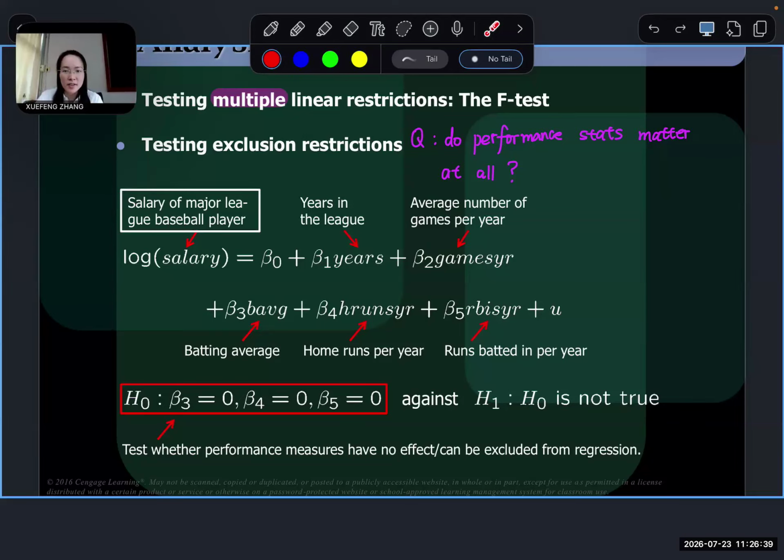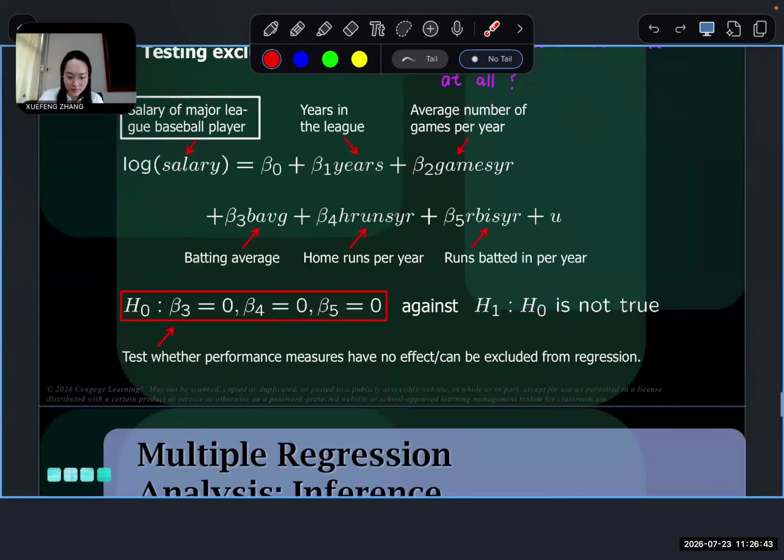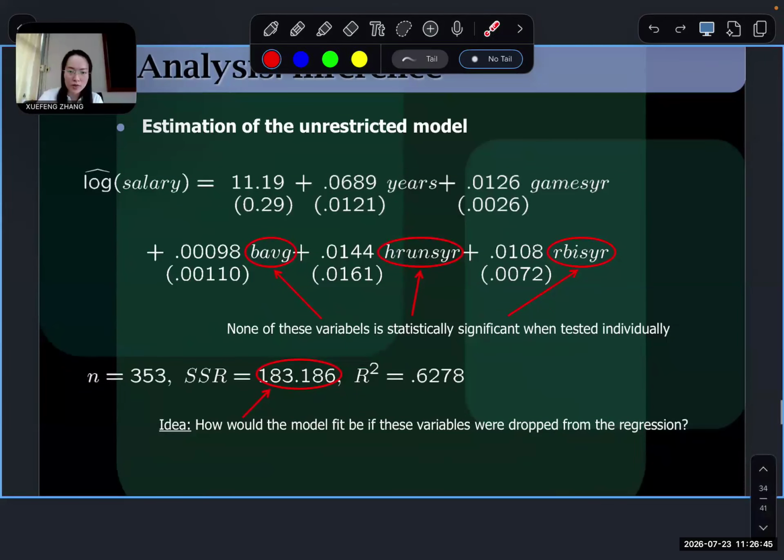Because if you test, okay, let me show you the estimation results. These are x3, x4, x5. Those three x variables are the ones that we want to test.